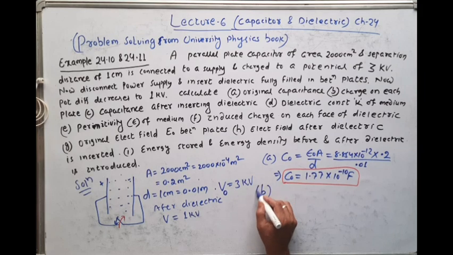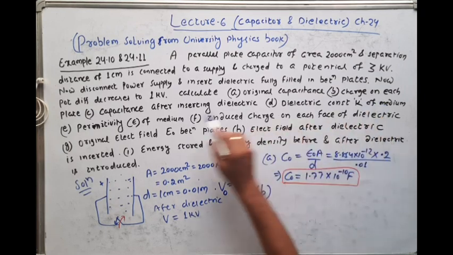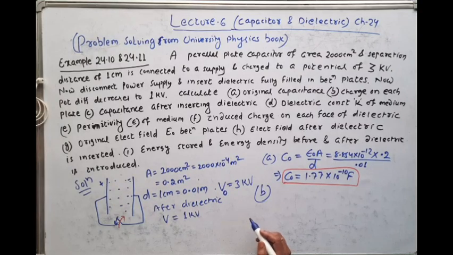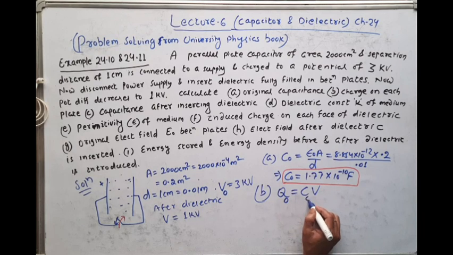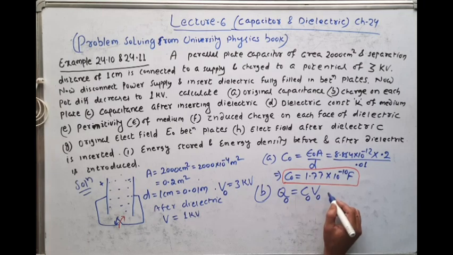Come to the second bit: charge on each plate. You know the formula, Q is equal to CV. So the initial charge is equal to the initial capacitance times the initial voltage.